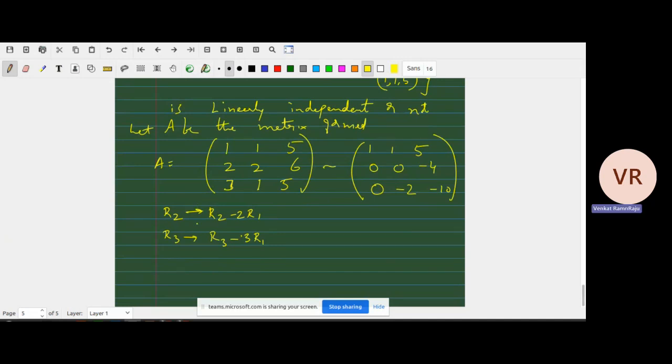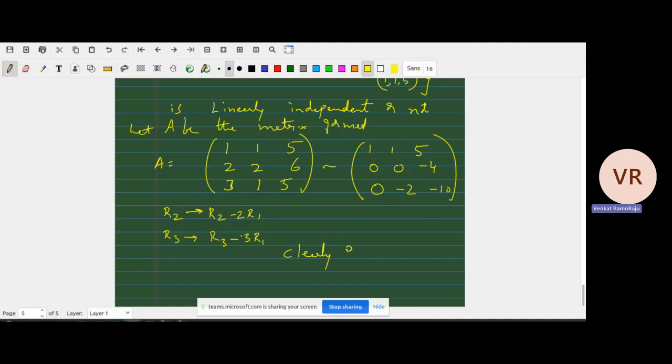Now, even before writing the whole row echelon form, we can expand by this row and see what is happening here. The determinant is plus 4 into minus 2. So minus 8 is the determinant. Therefore, clearly A has full rank. You cannot get one full row 0.